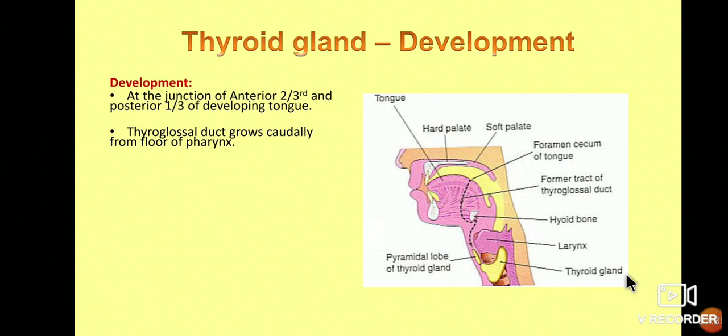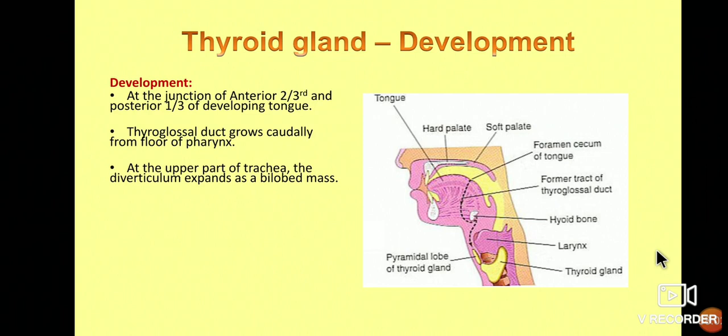These C cells are actually derived from the ultimobranchial body, that is from the fifth arch. I told you the pharynx is in the form of arches: first, second, third, fourth, fifth and sixth arch, of which the fifth arch disappears and the remnant is the ultimobranchial body, which gives rise to the parafollicular cells or C cells.